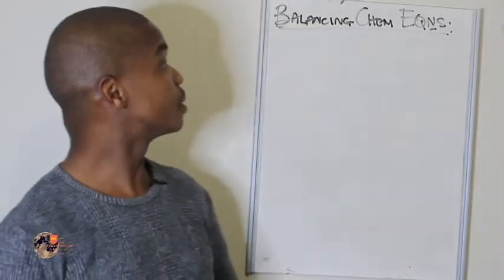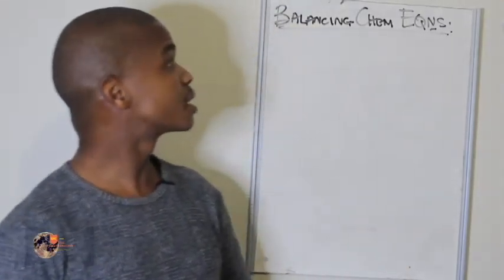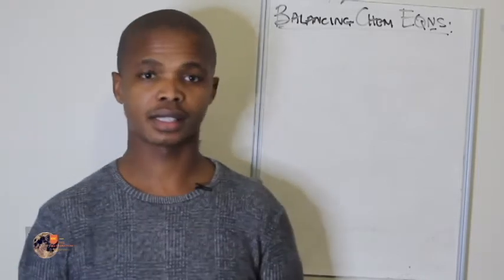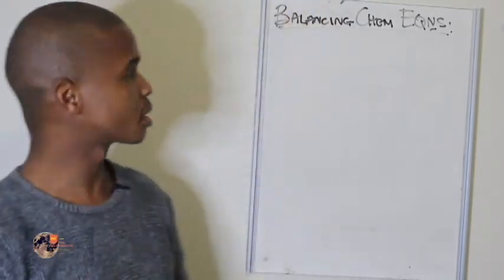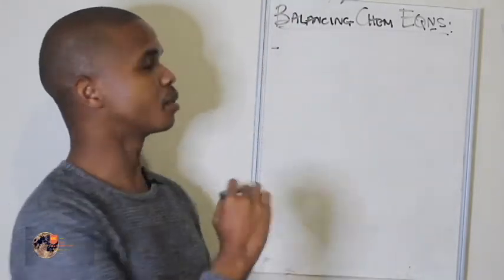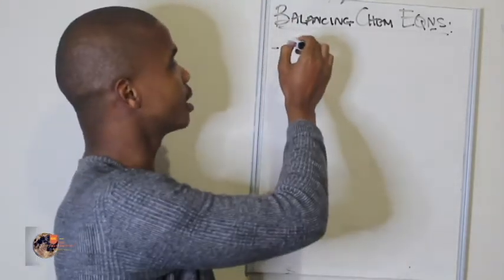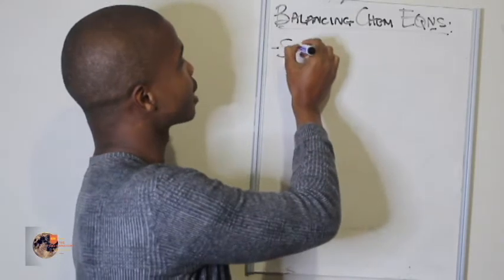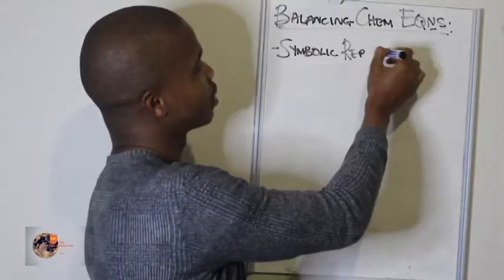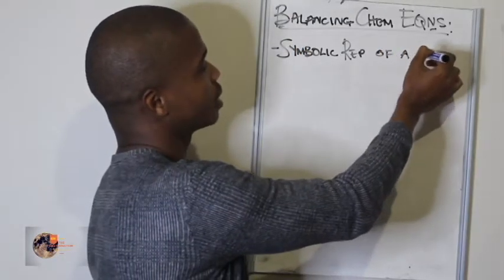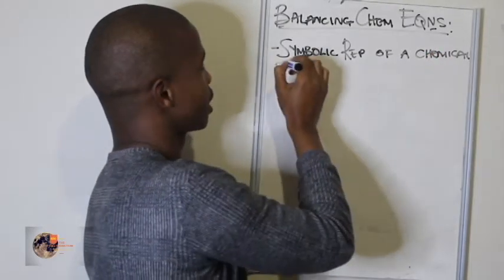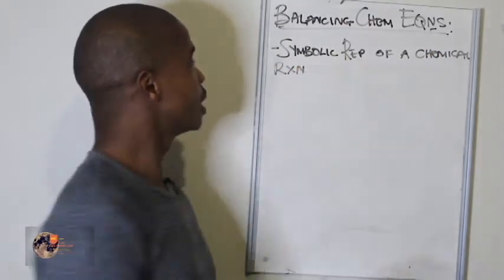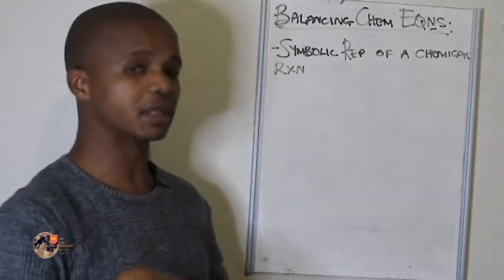So today we are doing balancing chemical equations. What are chemical equations? A chemical equation basically is a symbolic representation of a chemical reaction.